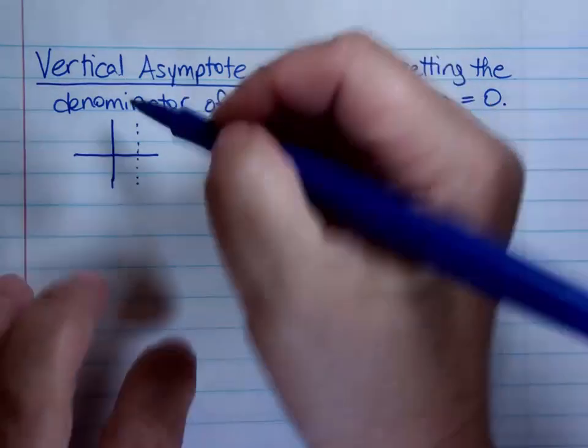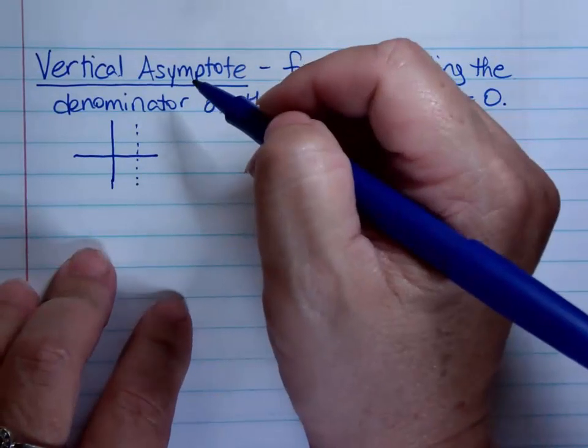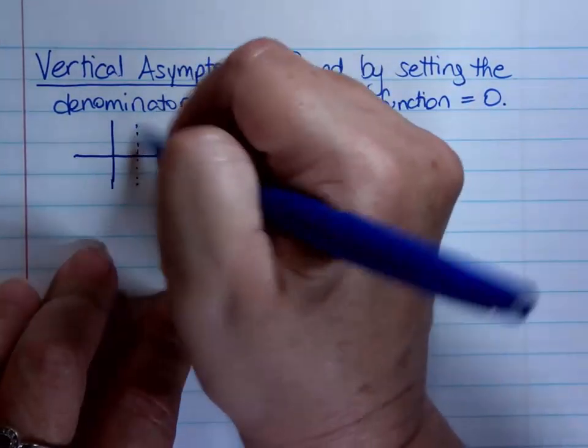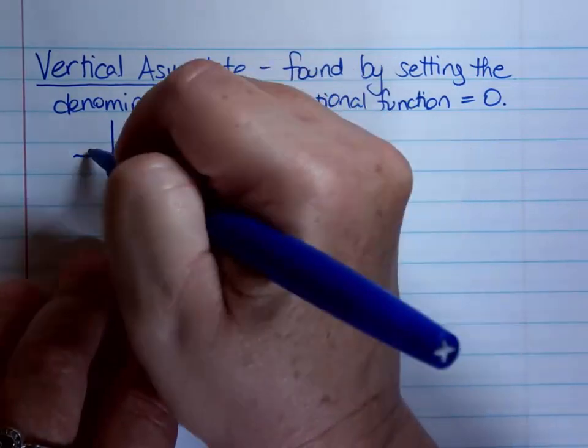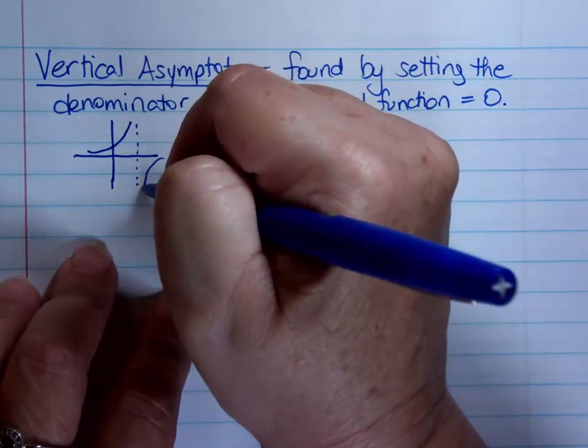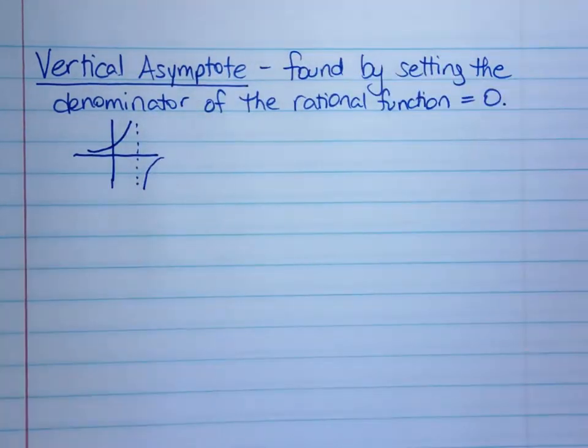Now, what happens to a graph as you approach a vertical asymptote? What does it do? It bends, and it will never cross this line, right? So it will either bend upwards or it might bend downwards. So, because those are my only two choices on the left and right hand side, the limit can only be one of two things. What's the limit going to be if it goes up? It's going to be positive infinity. If it goes down, it's going to be negative infinity.